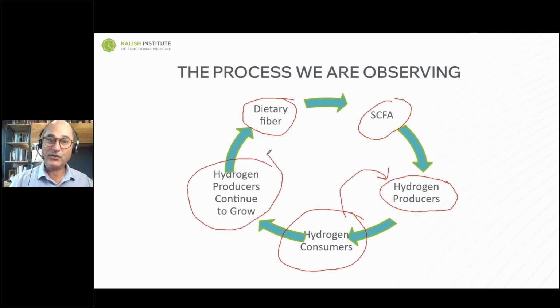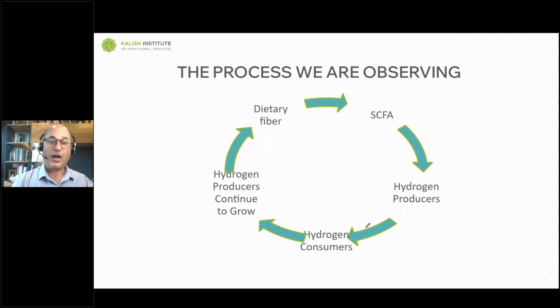And once the hydrogen producers grow and grow, the hydrogen consumers grow and grow. And if there's a balance here, then the whole thing works out. And everything gets kicked into gear from dietary fiber and polyphenols. Okay. And so whichever organisms you want to try to fix, you have to start here. Whether you're looking at hydrogen consumers, hydrogen producers, the ones that do the short chain fatty acids, it all starts with the food that we're eating.